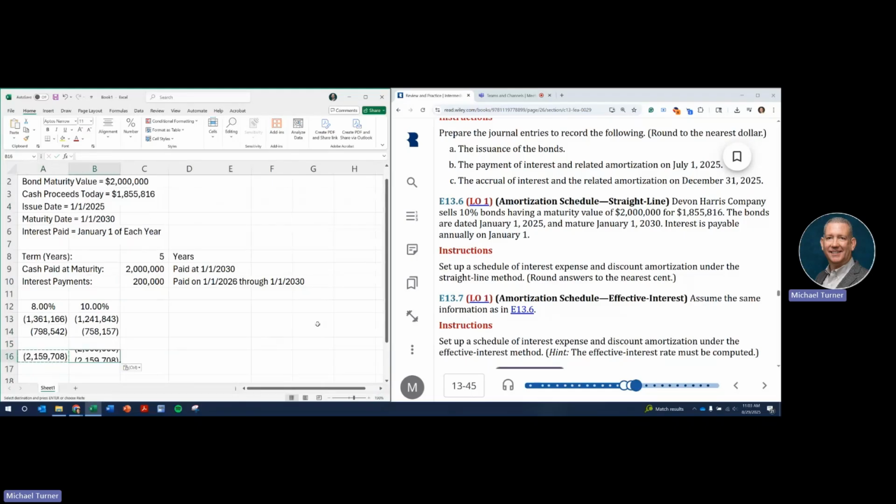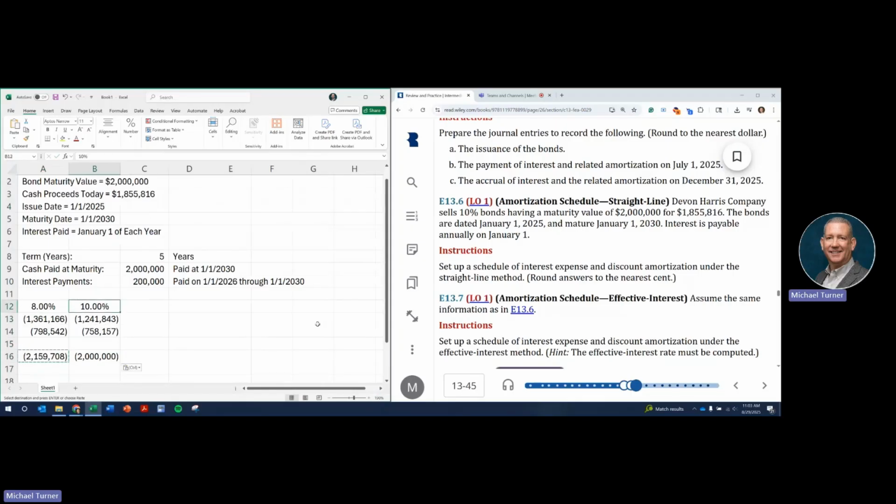Do the same thing, add it up. Let's see if we're there yet. It's $2 million. Not a surprise, because that's the stated rate on our bond, 10%. So I'm not surprised that we have confirmed that at 10%, we would have gotten $2 million. But that's not the cash proceeds we have.